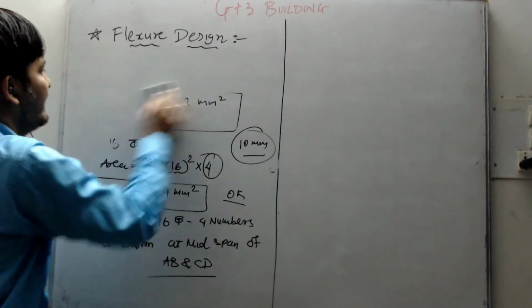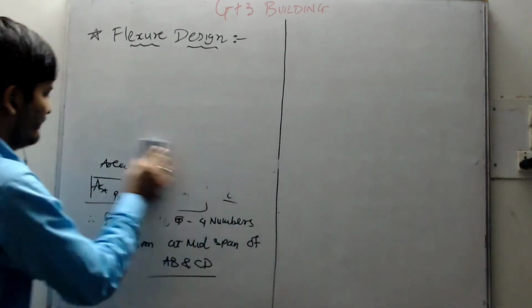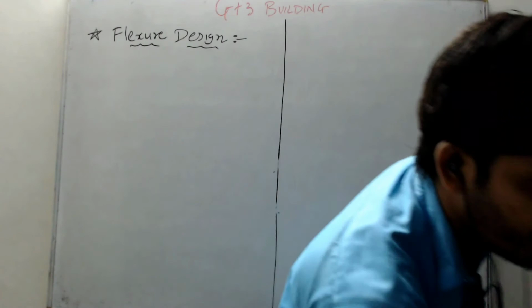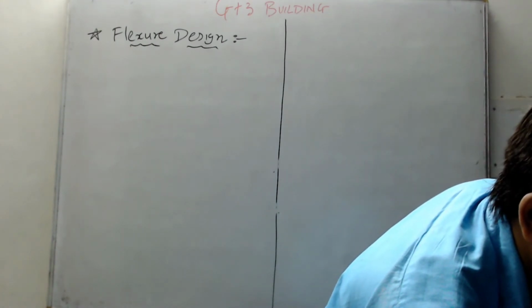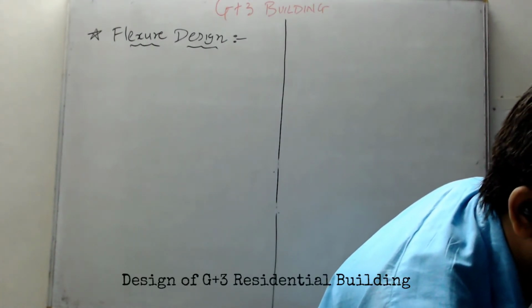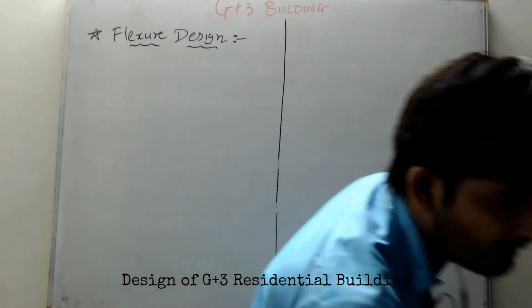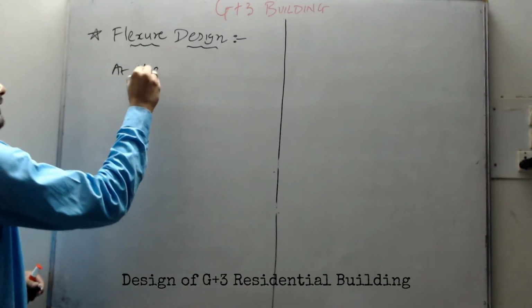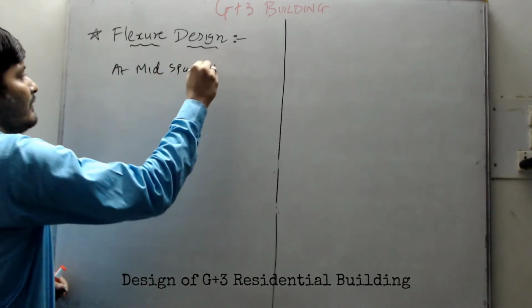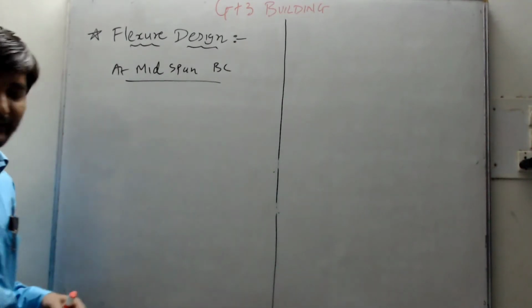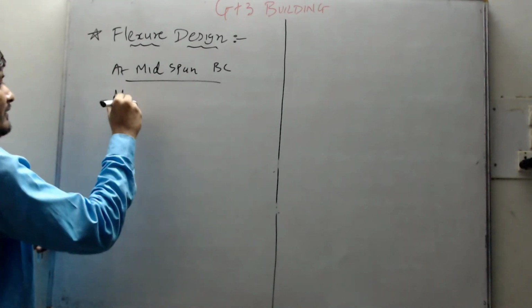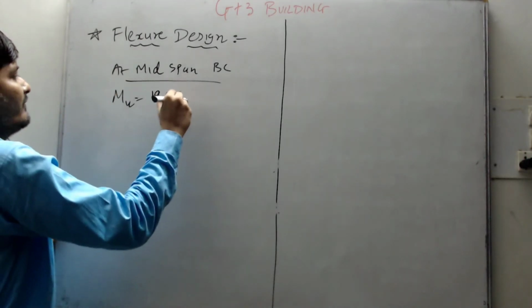Next step, at mid span of BC. So here also we have Mu value, which is 19.05 kilonewton into meter.